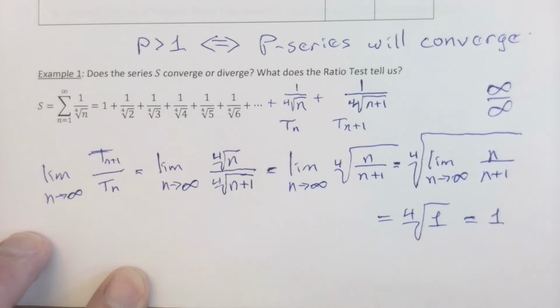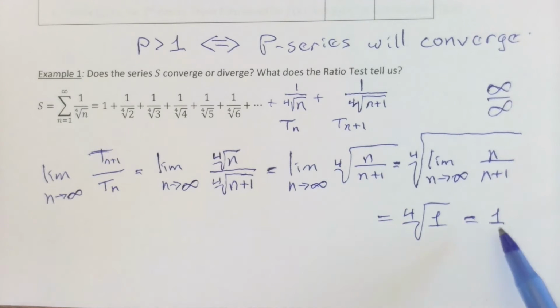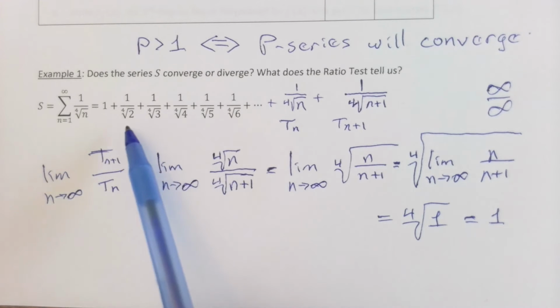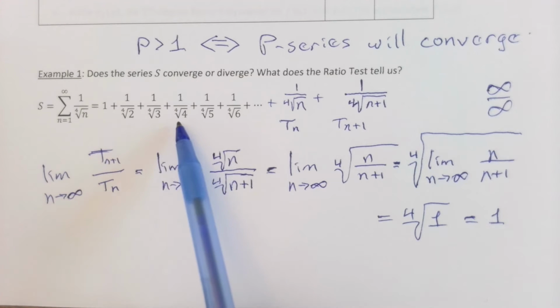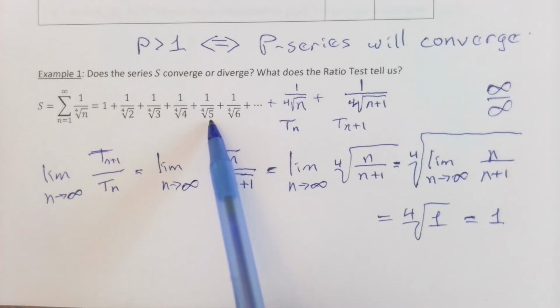Now, it's always disappointing when you run a ratio test and it comes out to 1, because you cannot reach a conclusion about convergence or divergence. So it would have been better to avoid this test altogether and just go back and say, well, what kind of a p-series are we looking at here? 4th root is the same thing as a 1/4 power. So this is 2 to the 1/4, 3 to the 1/4, 4 to the 1/4, 5 raised to the 1/4 power.